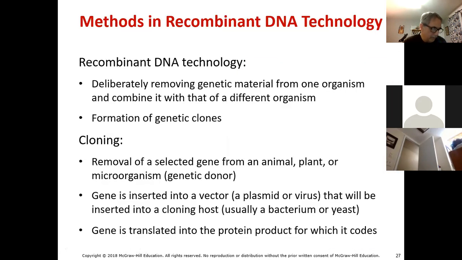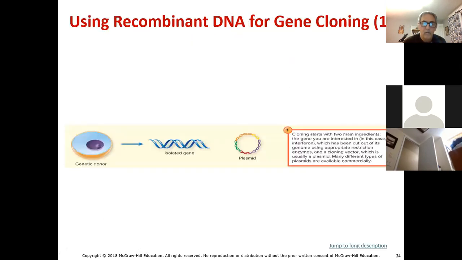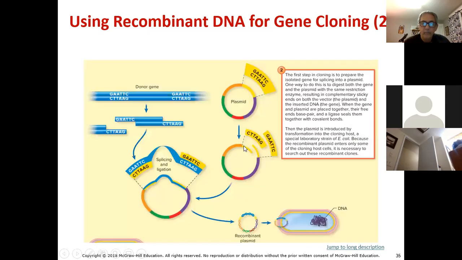Okay, so let me skip over to 34. Using recombinant DNA for gene cloning, take a genetic donor, isolate a gene, put it into a plasmid. So we can use those special enzymes.